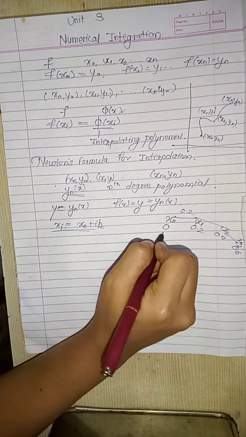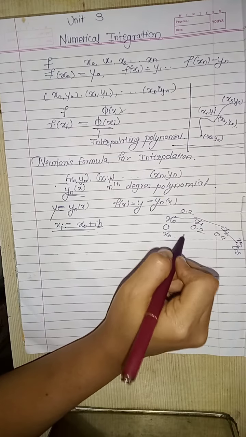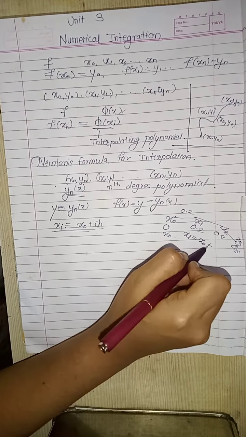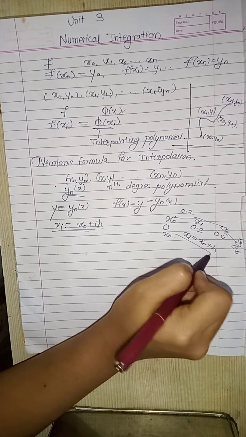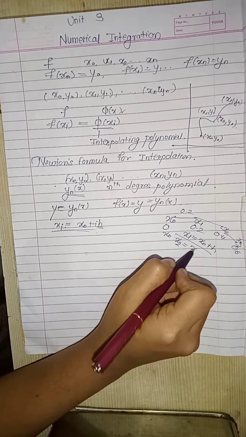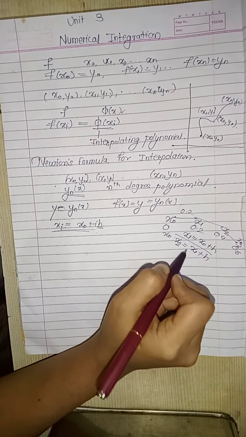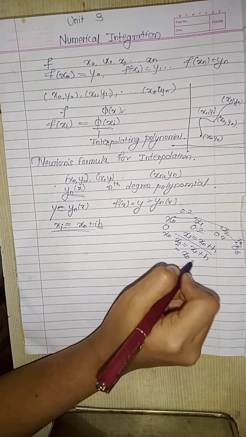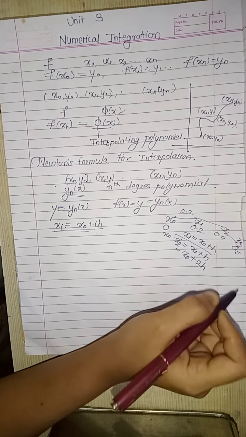It is just like this: x0 is given. To find x1, you have x0 plus h. So this is the formula for x1. Now for x2, we have x1 plus h, and we know that x1 is x0 plus h, so this gives x0 plus 2h.